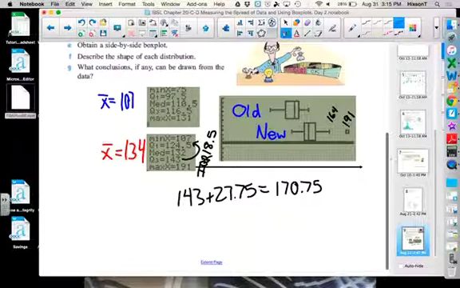Okay, the old one we could say is negatively skewed. Look at the bottom two quartiles. See how much more spread out the bottom 50% is than the top 50%? That being spread out like that is what would make this negatively skewed. Now, what does that tell you about the design?